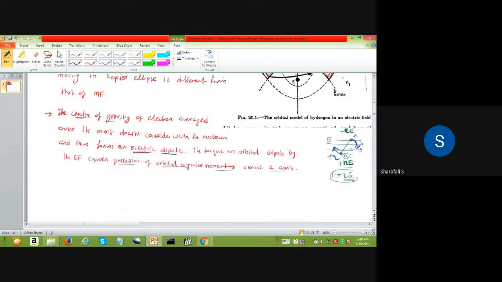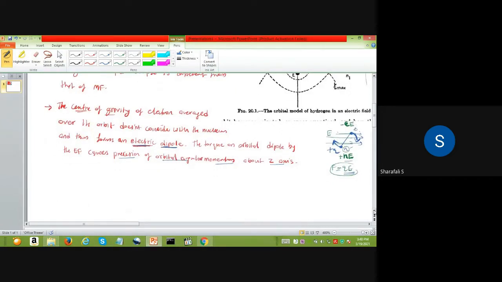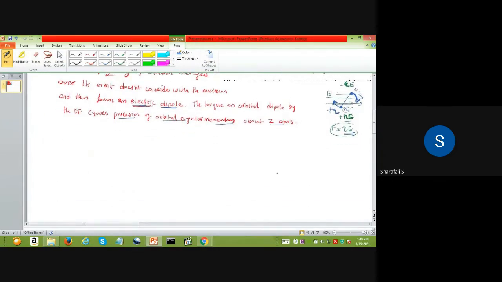Now, if you further consider the orbital angular momentum, we can say the orbital angular momentum L is not a constant now, because the path is different each time and the center of gravity will be different. So the L vector will not be the same.